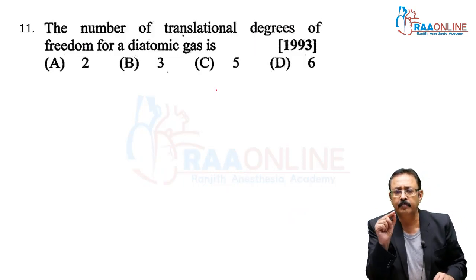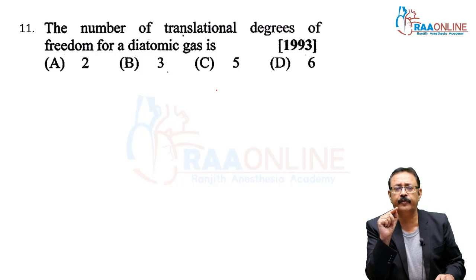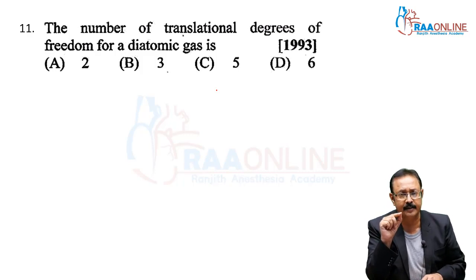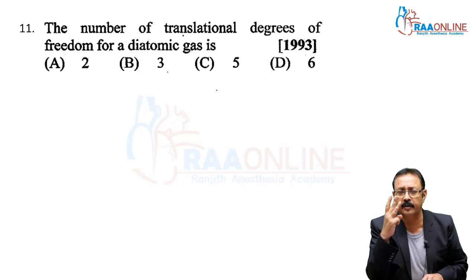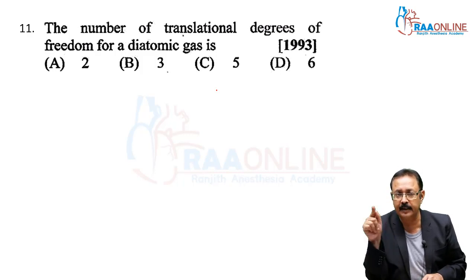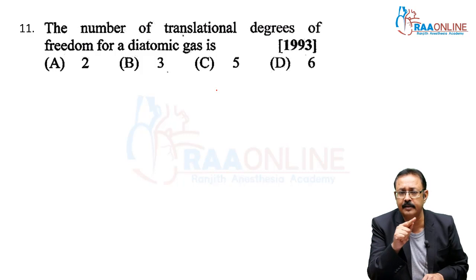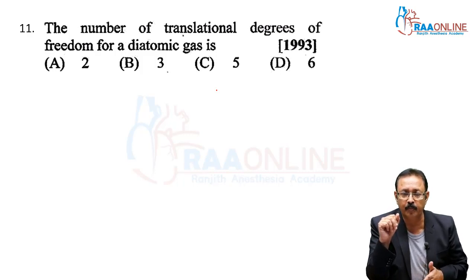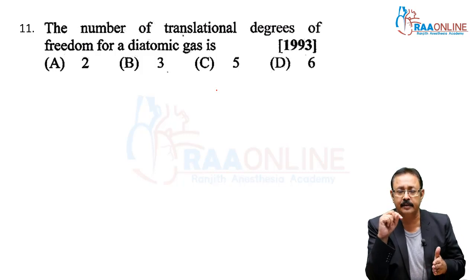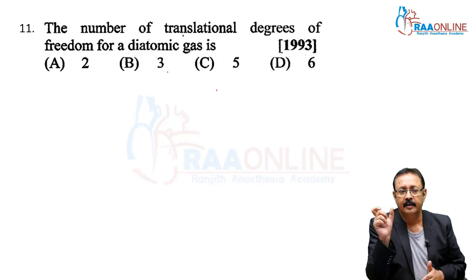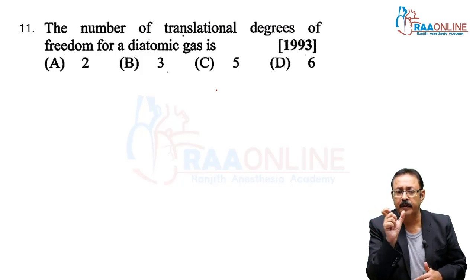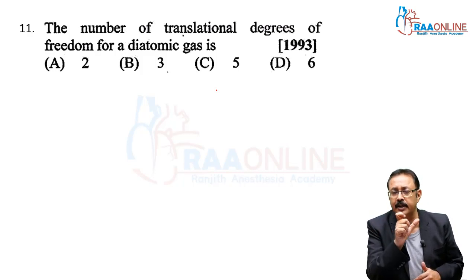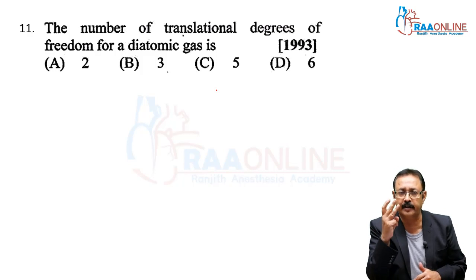11th, the number of translational degrees of freedom for a diatomic gas is. Translational degree of freedom means there are only three axes: x-axis, y-axis, z-axis. So whether it is a monoatomic gas, a diatomic gas, or a polyatomic gas, the number of degrees of freedom associated with translational motion is always 3.